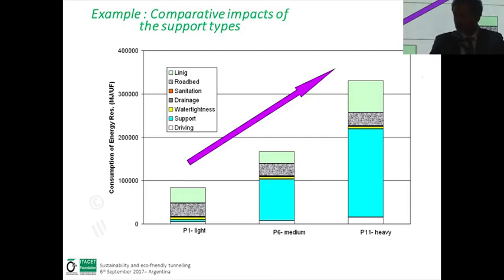Of course, when we go from the light one to the EV one, we add steel arches, thickness of shotcrete, we add a lot of elements, and the part of the support increases a lot. So if you choose to have, let's say, half of a tunnel with a very heavy support, which is not necessary, probably you will have a big impact, because between the small one and the big one, the ratio is 3 times more impact according to the profile you choose. This is just a rapid exam.